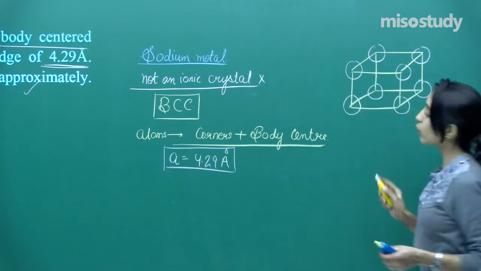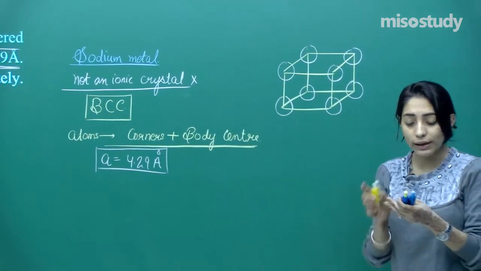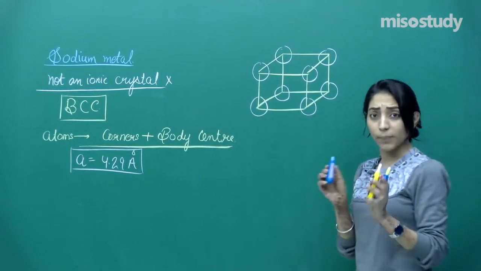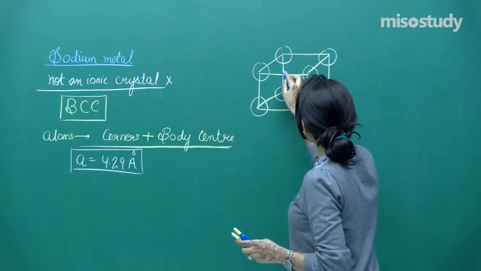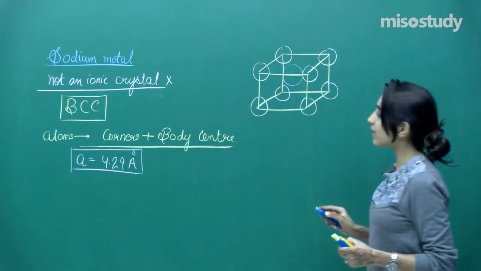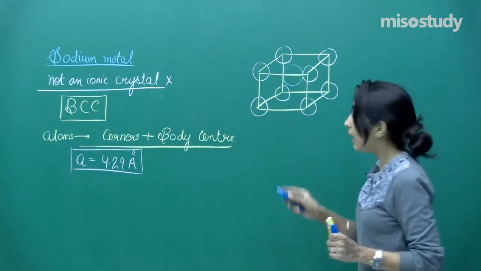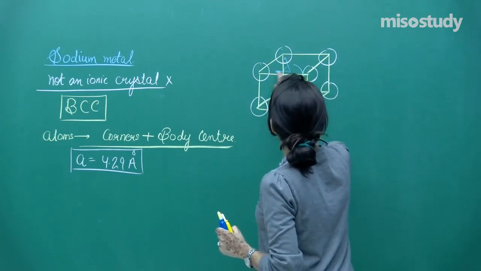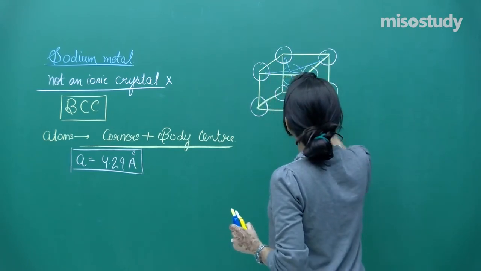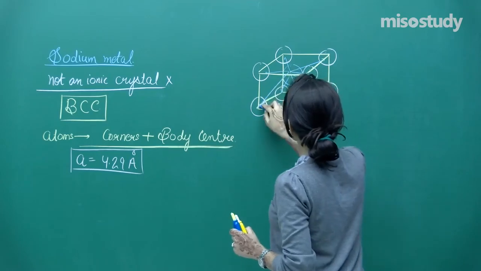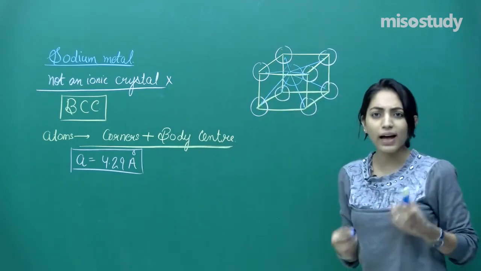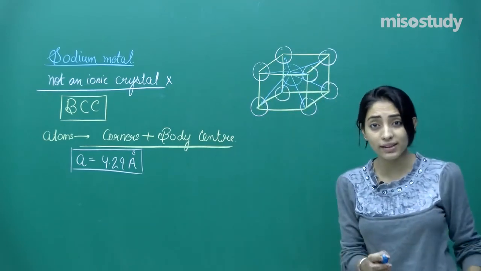The white ones are the sodium atoms present at the corners, and they are not touching each other. Plus there is one atom present at the center of the body, and this atom is touching all four atoms on the top and all four atoms at the bottom. That is why it is called body centered.